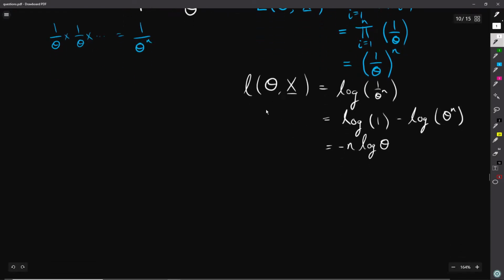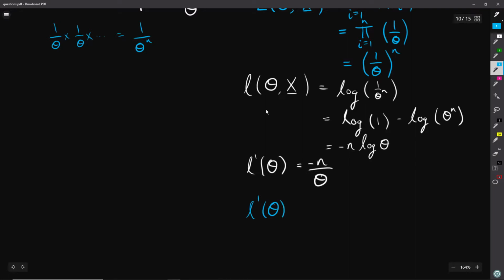Okay, and so now if we take the derivative of this, using the notation L prime of theta, that's going to be negative n over theta, and we'd want to set this equal to 0. So we'd want L prime of theta hat equaling 0, which would mean negative n over theta hat equals 0.